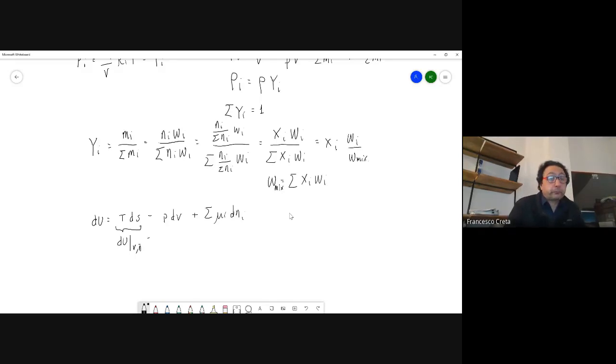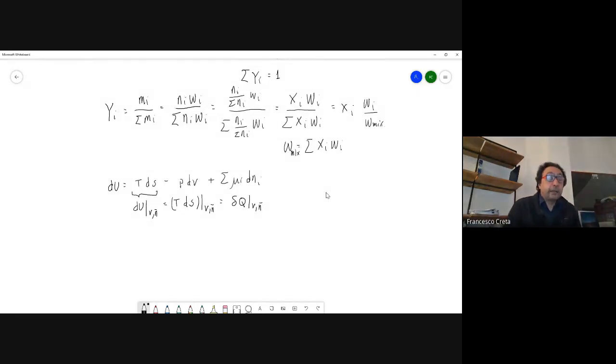So clearly, this is T dS, which, to remind ourselves that we're keeping volume and number of moles constant, we can write this way. And TdS is clearly what? It's the heat exchanged at constant volume and number of moles. So this term here is essentially the heat exchange at constant volume when composition doesn't change.